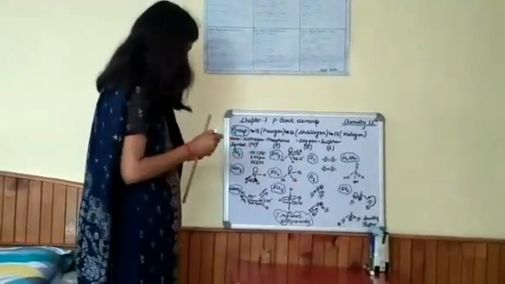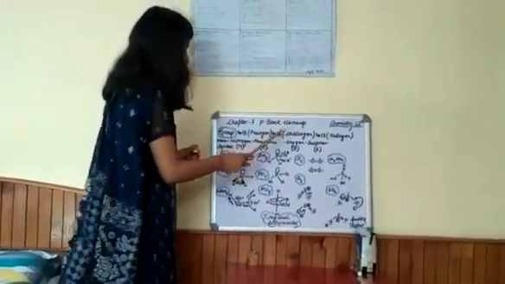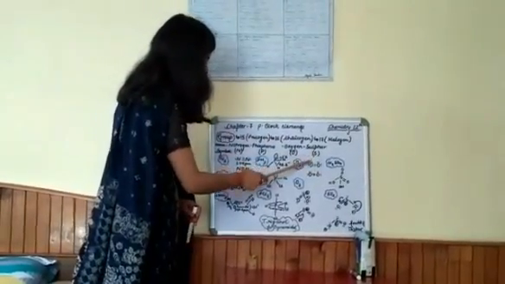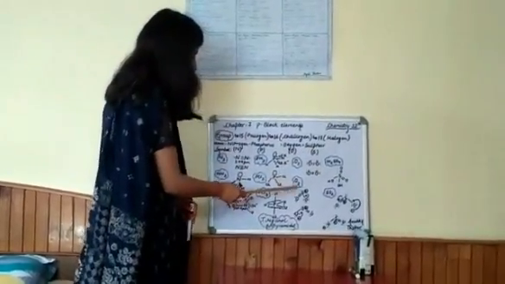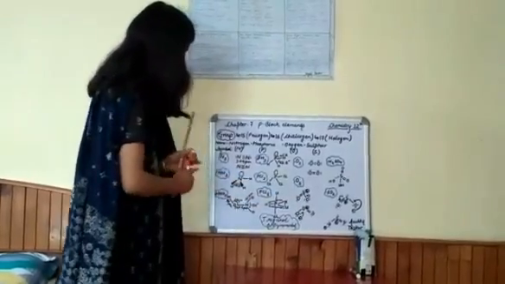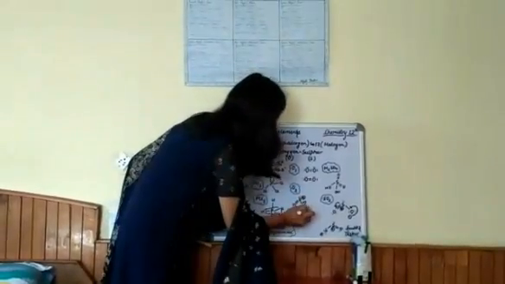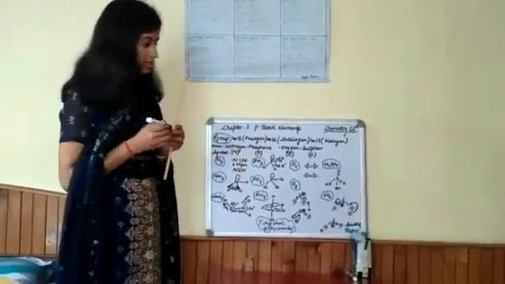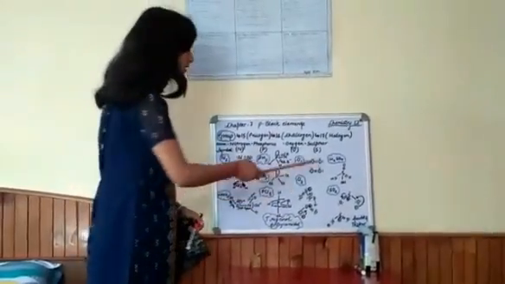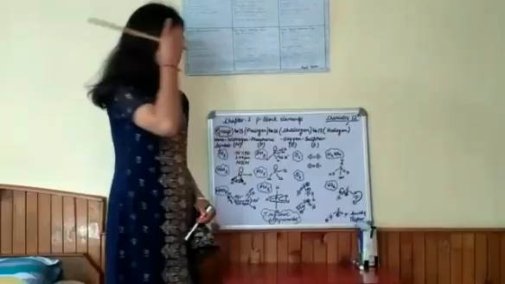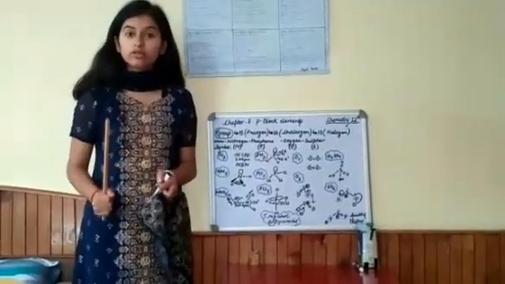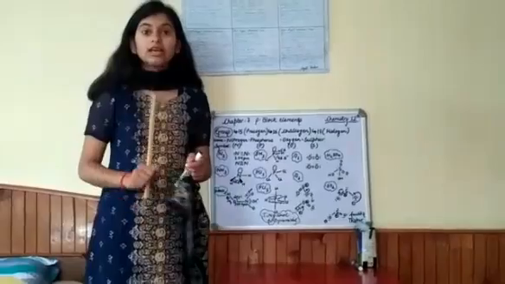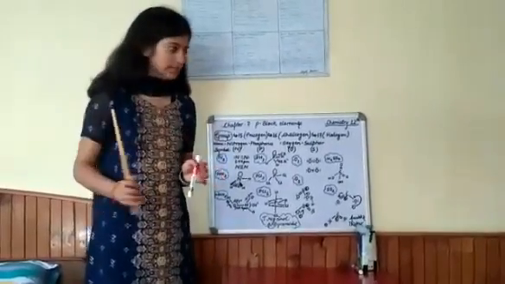Now the second is group 16, oxygen. Oxygen has this structure, and O3 is ozone. These both are interrelated with each other. And in sulfur you can see H2SO4. What is H2SO4? H2SO4 is sulfuric acid, and sulfuric acid is the king of all acids.